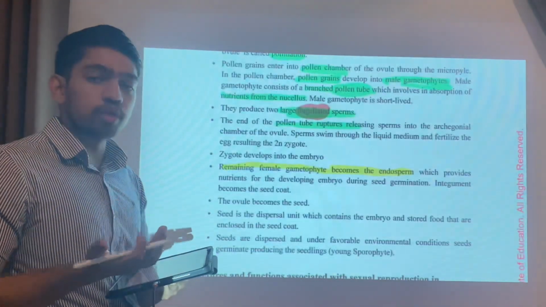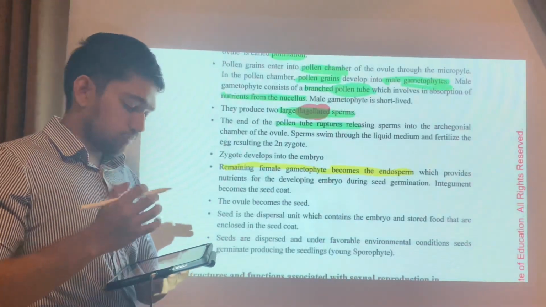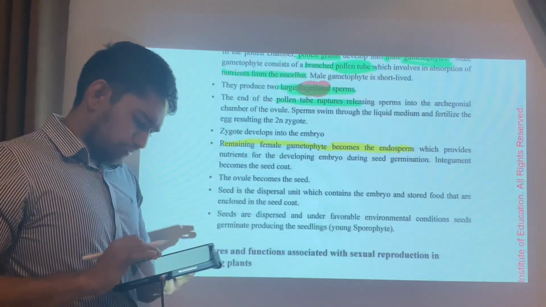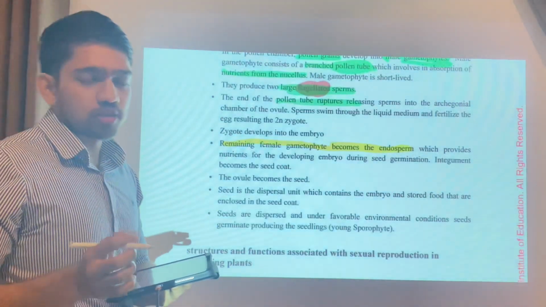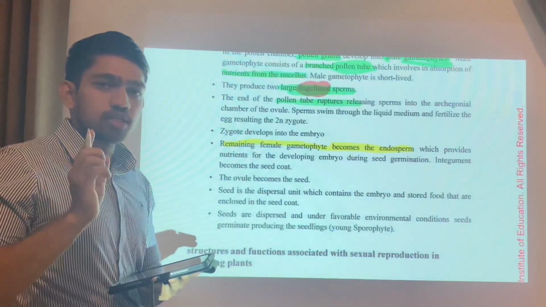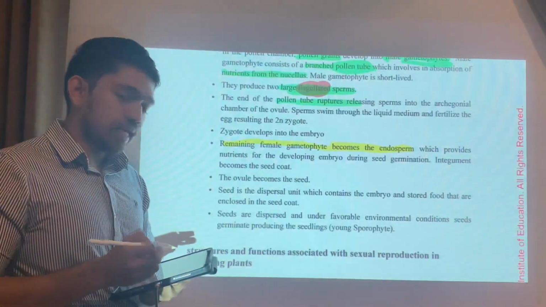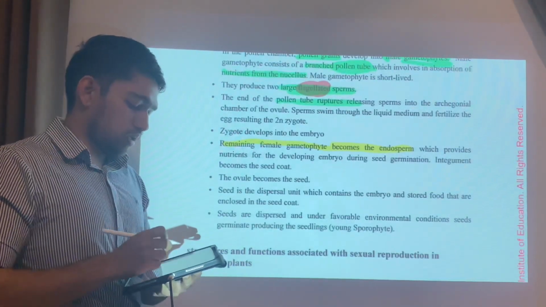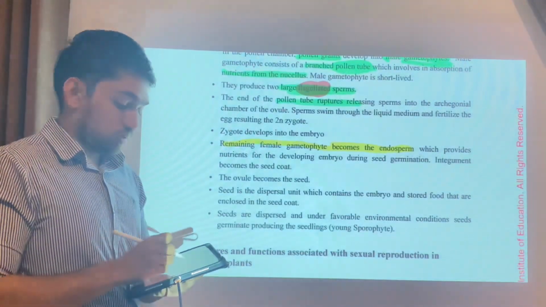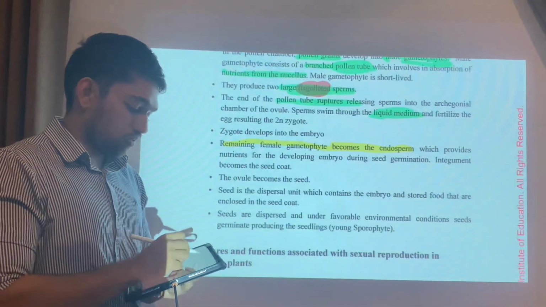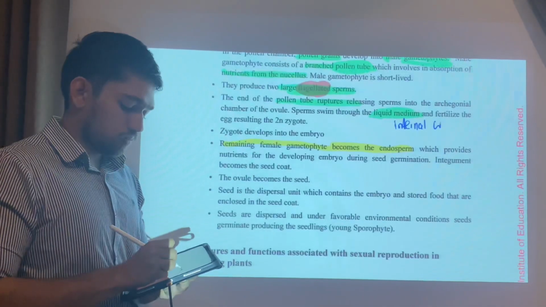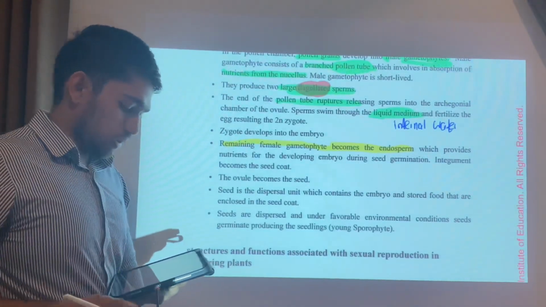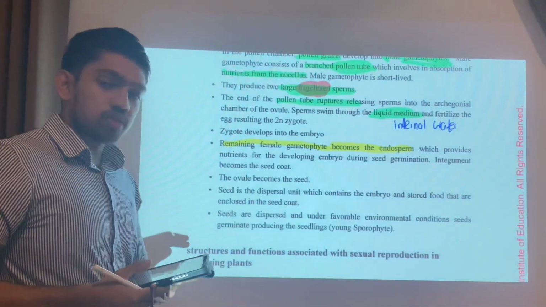So the sperms do not need to swim through external water, right? Still, the sperms need to be flagellated, because there's an internal water medium in your Cycas ovule, right? There's a small amount of internal water in the Cycas ovule. So the sperms still need to be flagellated.